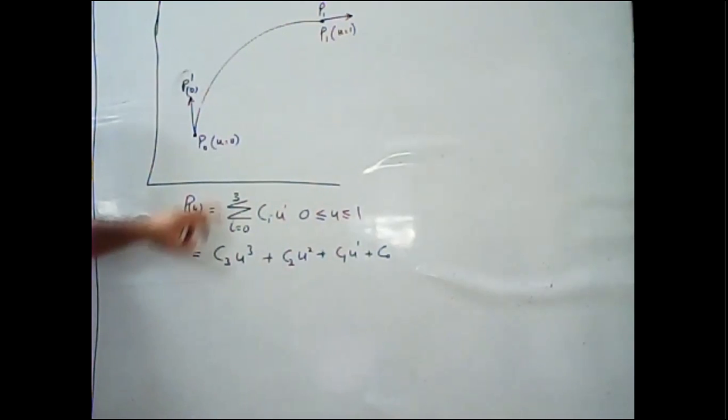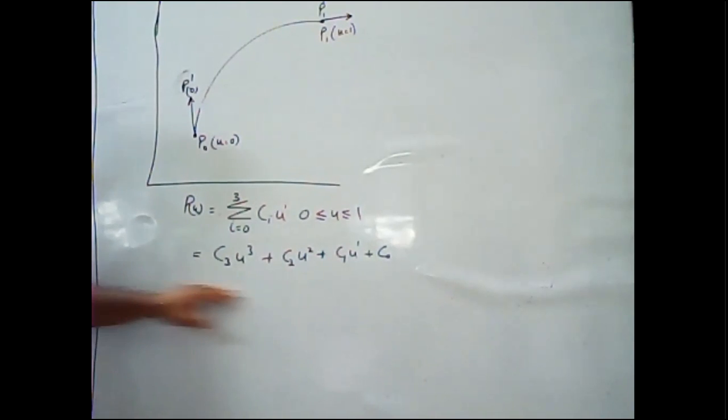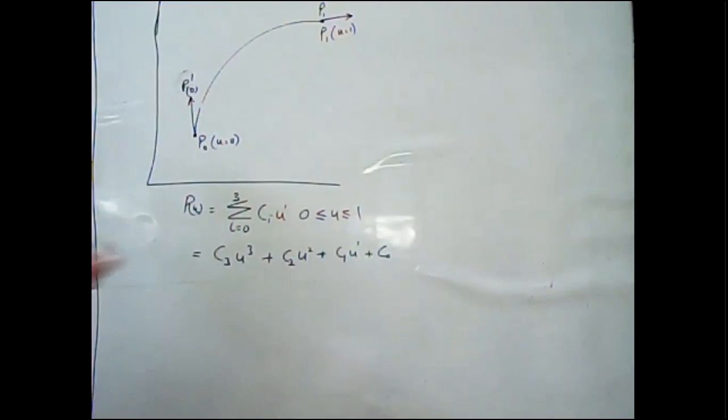Starting from i equal to 3, then i equal to 2, i equal to 1, i equal to 0. This will be the equation for a third order curve. In this case, C is the polynomial coefficient, and u is the parameter.